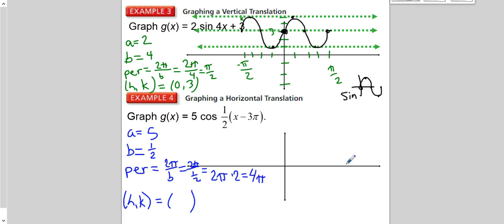So the first mark we're going to make, and 4 pi, so I'm going to draw it out a little bit further to kind of show that it's stretching. It's going to go to 4 pi. We cut that into fourths.